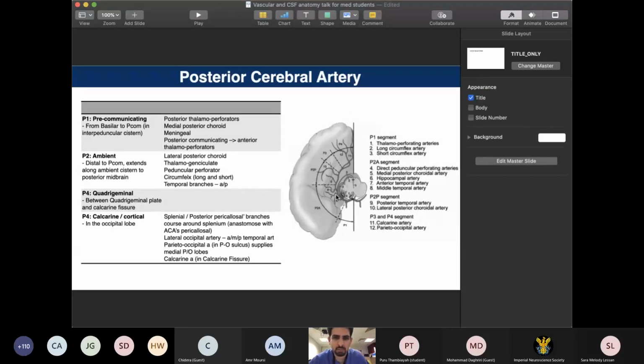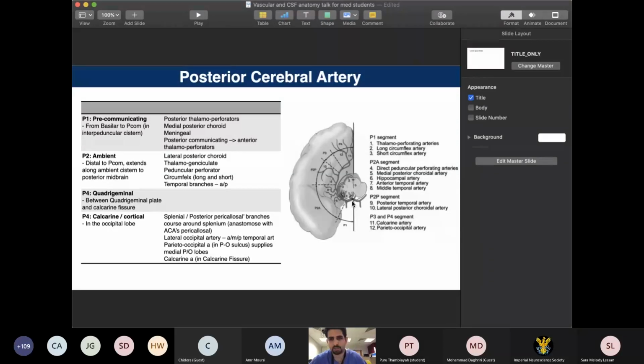The PCA travels around the brainstem, supplying blood to the lateral aspect of the brainstem, but also has numerous branches going to the thalamus, the choroid plexus again. So you've got your posterior arteries. It supplies the posterior temporal lobe. It has a hippocampal artery branch, and these are all coming off of the P2 and P3 segments.